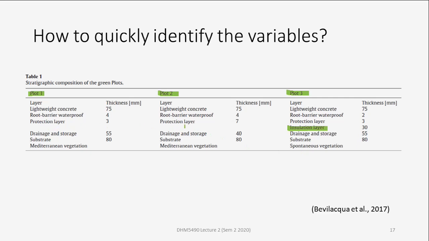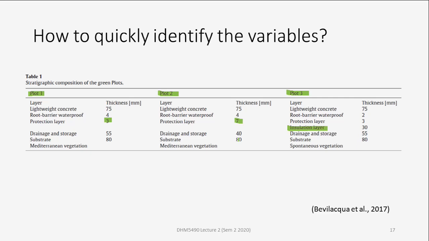No. Also, you can see that there are differences in the composition of the layers or the thickness. You can see here, plot 1 has a protection layer of 3 mm thick, but plot 2 it is 7 mm.